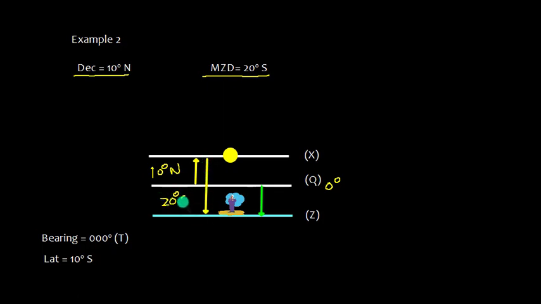That means from here to here this distance will be 10 degrees, and the latitude will be 10 degrees south. If you see the bearing, we can make out easily that as an observer you are here and you see the sun here, so the bearing is going to be north. And opposite of the bearing is the name of the MZD. The bearing is north, then MZD is south here.